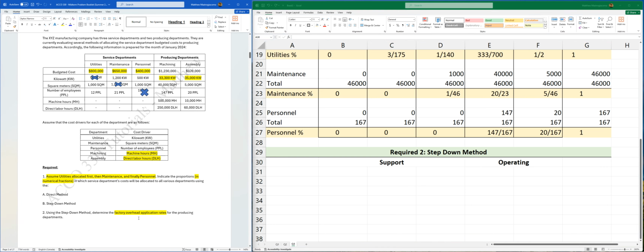Now, whenever you have to calculate an overhead rate, guys, basically what this means is that you need to find the cost after allocation. For the factory overhead rate, your steps when asked for the MOH rate: step 1, find cost after allocation for the operating departments.